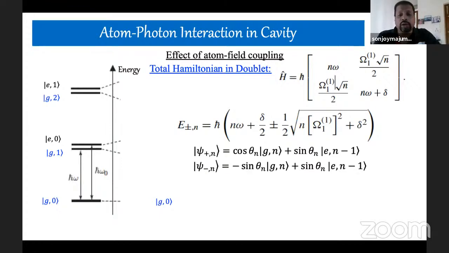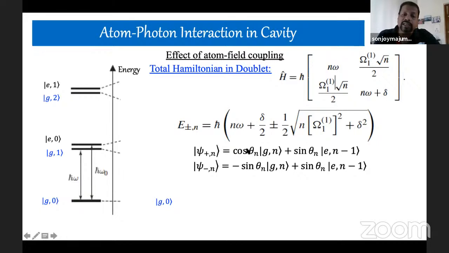Then you will be able to write ψ+ or ψ−. You will get |G,1⟩ and |E,0⟩, but the coefficients will be exchanged between these two. This is the normal way we can get the superposition between the two states.